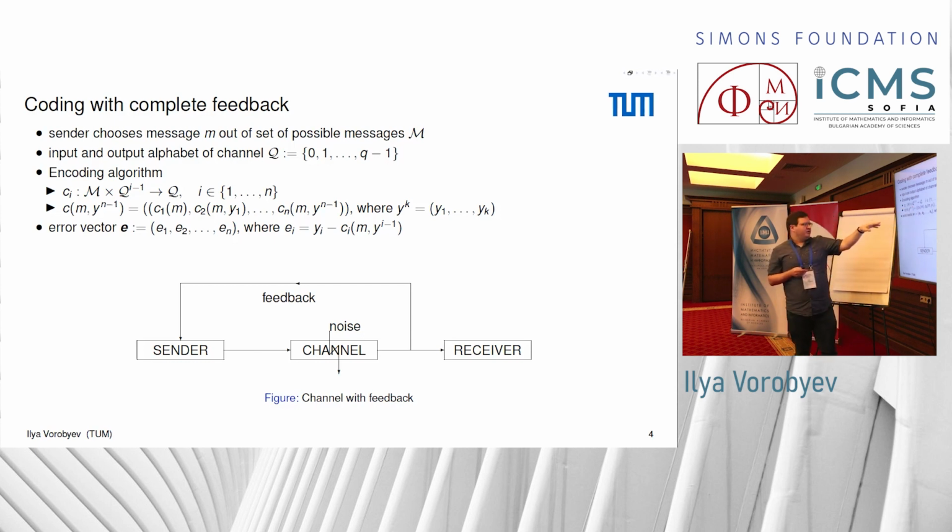And Y here means the received word. The error vector can be defined as the received message minus the sent message, and the number of errors is just the number of non-zero coordinates. So this is coding with complete feedback because each coordinate depends on all previous received symbols.